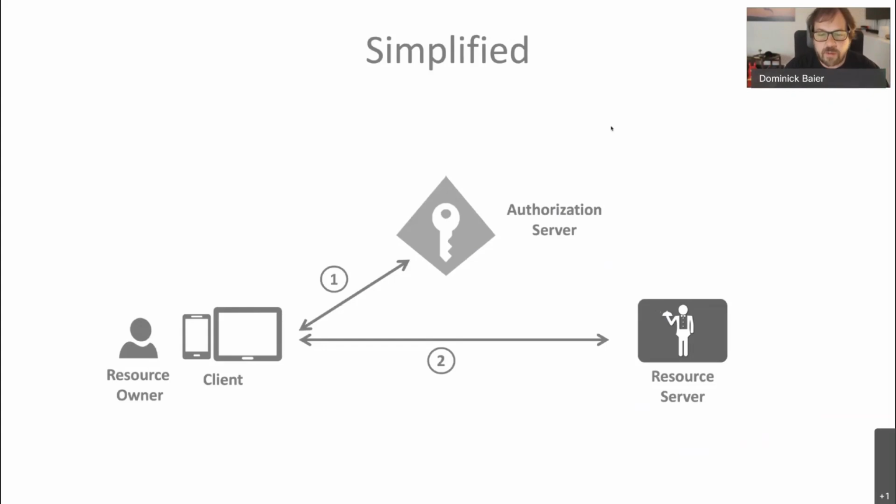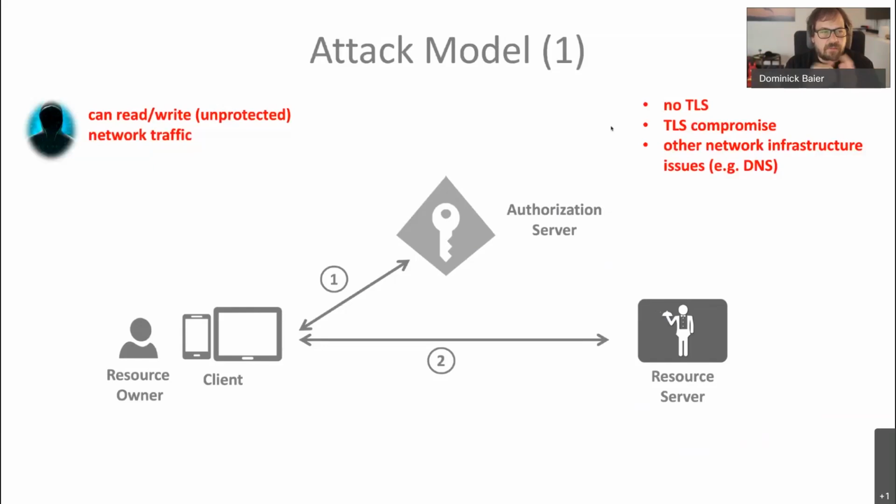So if we want to look at the security properties, or rather the risks of such a system, we have to look at the attack model and see what the attackers are that would potentially attack this system. So I found possibly the cheesiest symbol for an attacker, for a hacker, right?